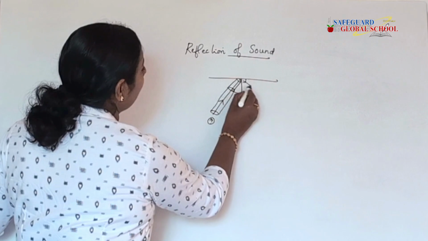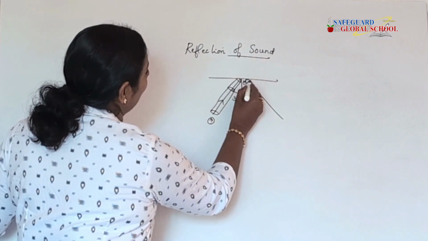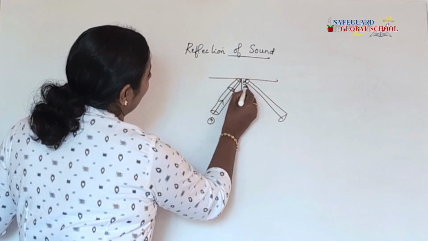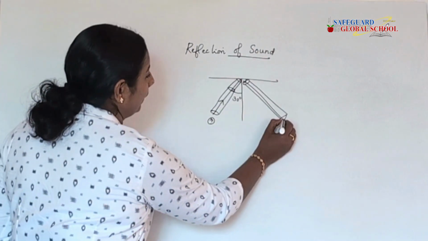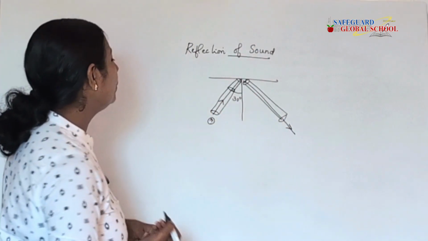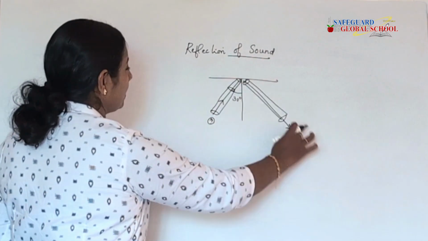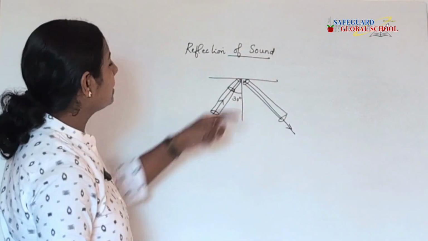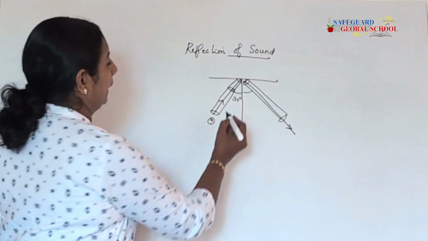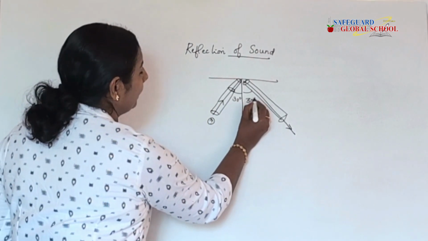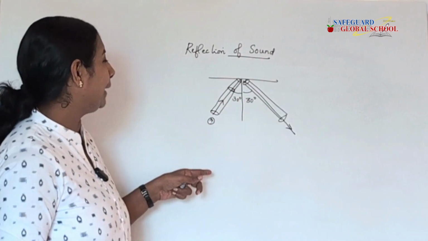So, when we place the pipe like this, if we suppose that we are getting the tick with a maximum intensity of sound, we'll place this, and when we note the angle, if this is marked 30 degree, this also will be 30 degree. So what does it mean?